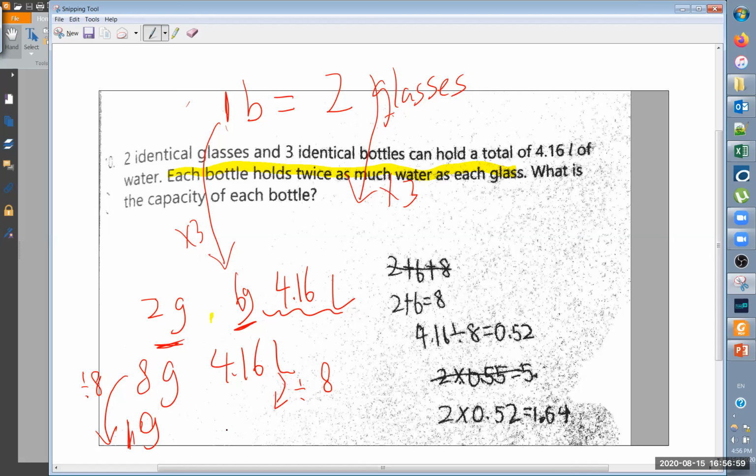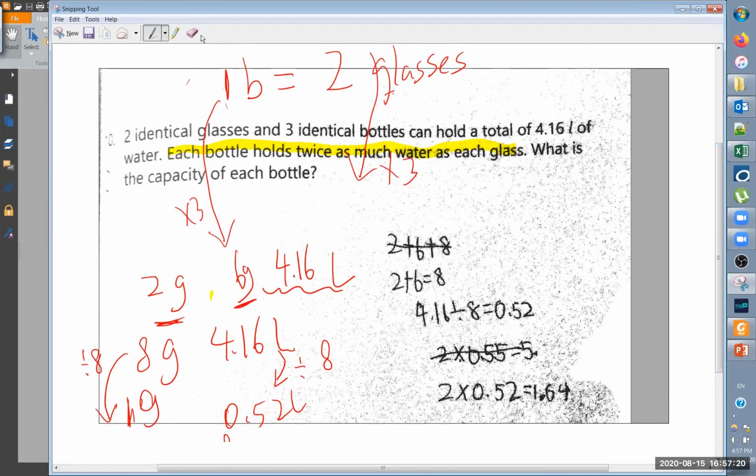It's 0.52. That's for 1 glass, right? Yeah. That's for what? Bottle, right? 1 bottle is how many glasses? 2. So instead of 1 glass, I need to find 2 glasses, because 1 bottle is 2 glasses. So 2 glasses is how much?